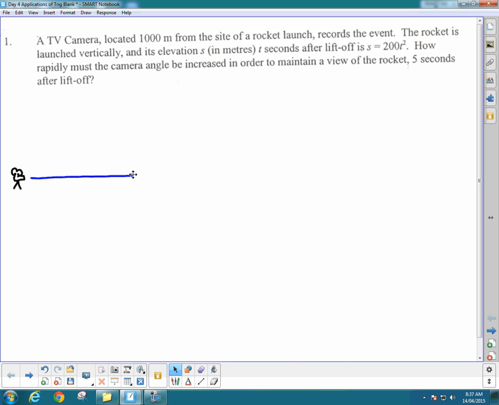And the rocket is taking off like this. It's going straight up. And this is like my camera angle. And here's my rocket.